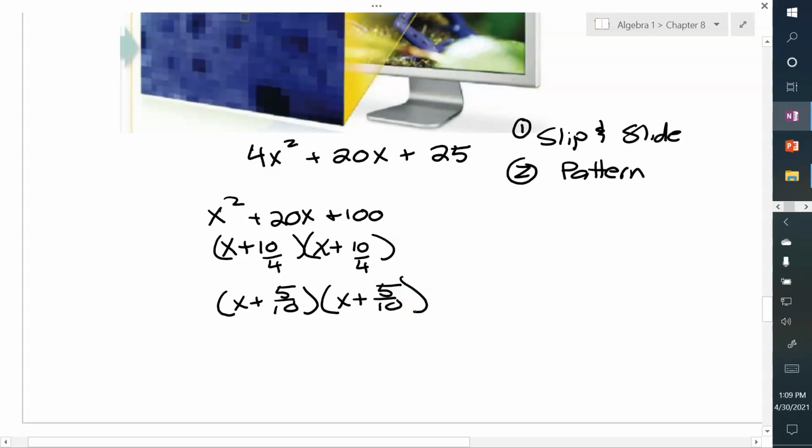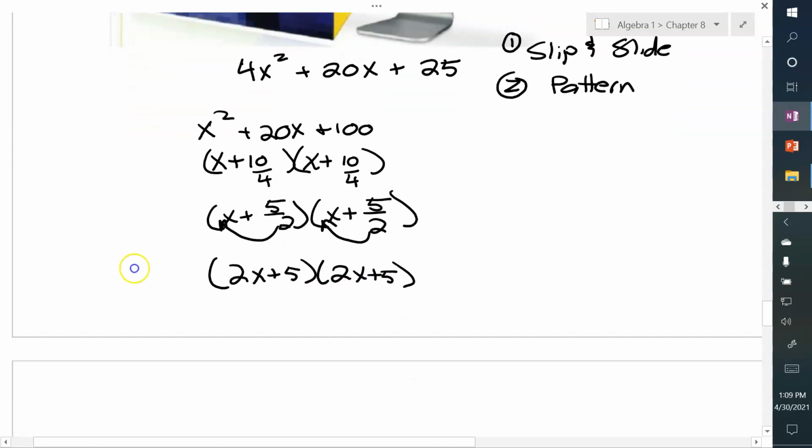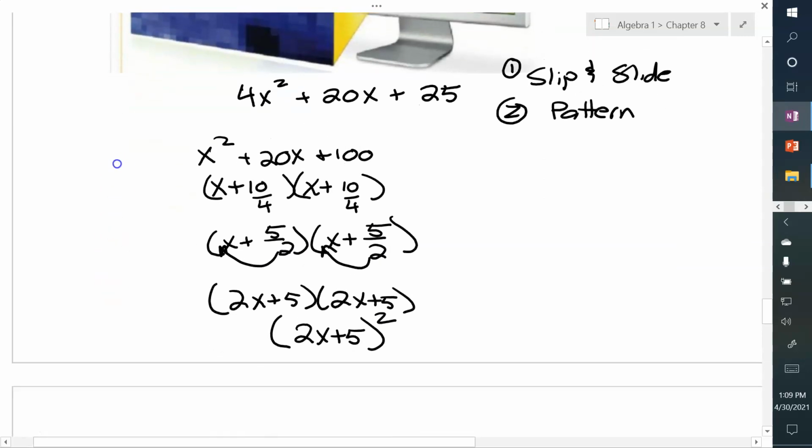I apologize. Now it's time for bottoms up. So I get 2x plus 5 times 2x plus 5. Those are both the same. So then I know my polynomial is 2x plus 5 squared. So now one side is 2x plus 5.